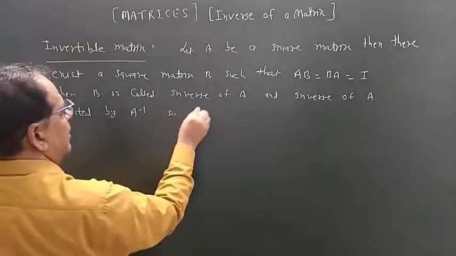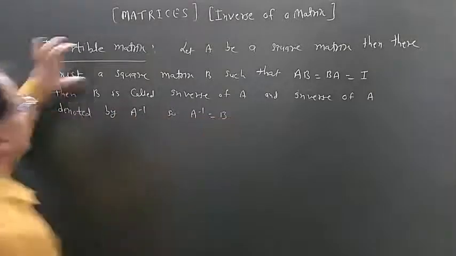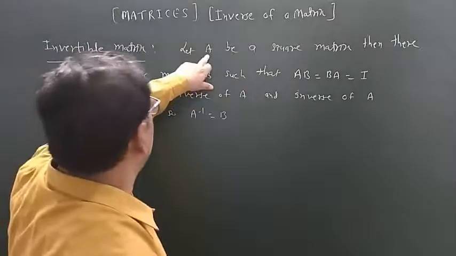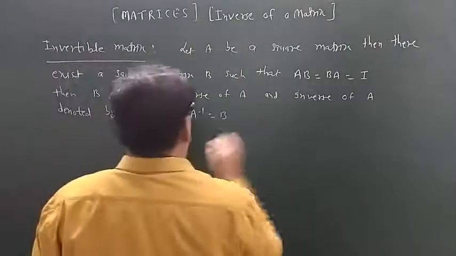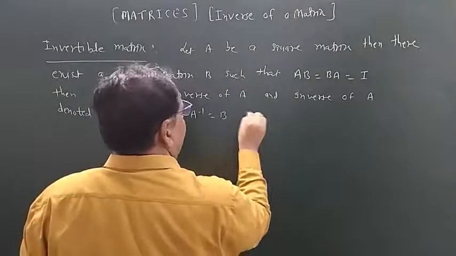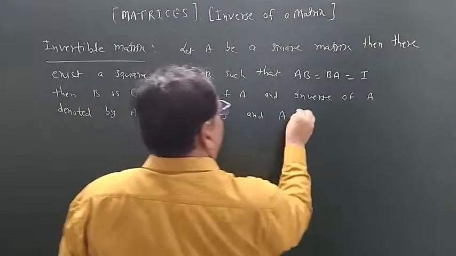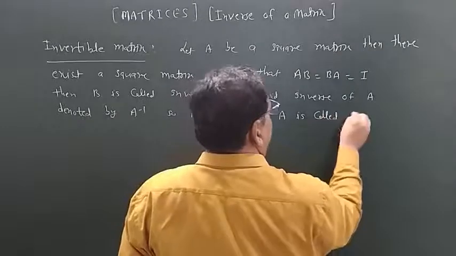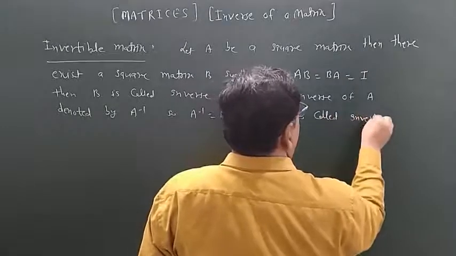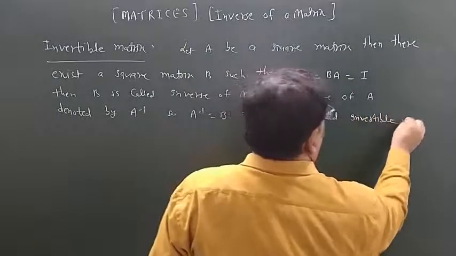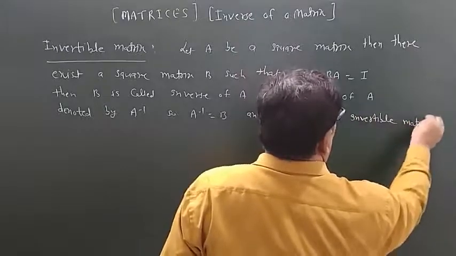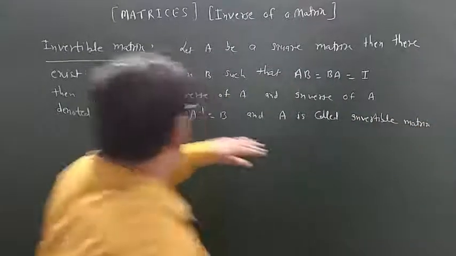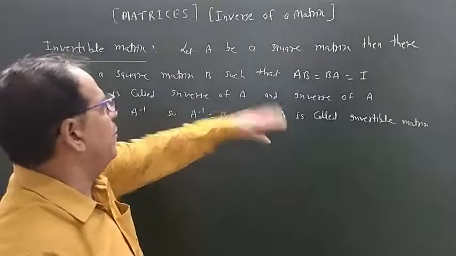So A inverse equal to B in this case, when B is the inverse of A, and A is called an invertible matrix. Invertible matrix means the inverse of A can be found.